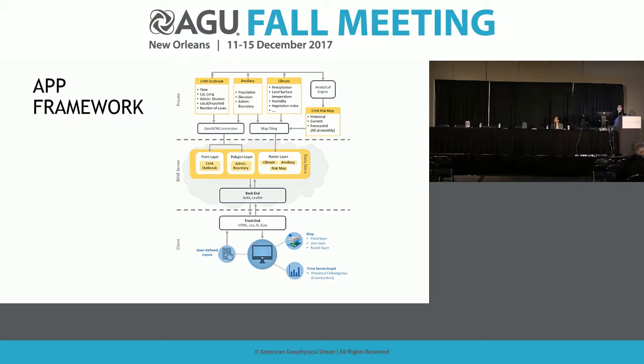All of this needs to be converted to a specific format to be visualized in our app. Our app itself sits on BSV, which is a DoD framework for this type of app. Then the users, what they call analytics, will be able to visualize the map and also the chikungunya outbreak data. I will talk more about this later.